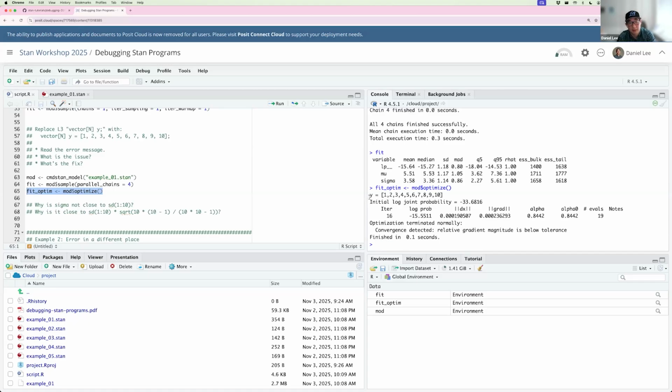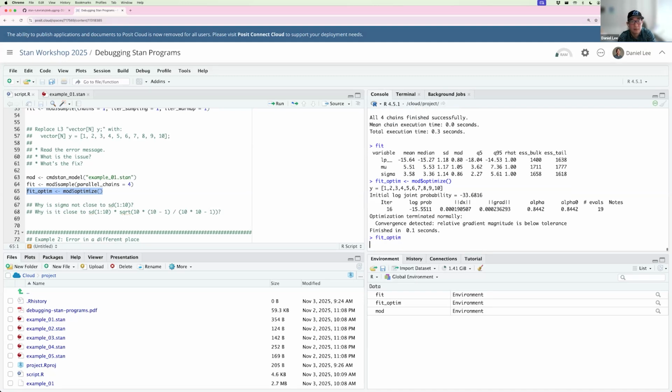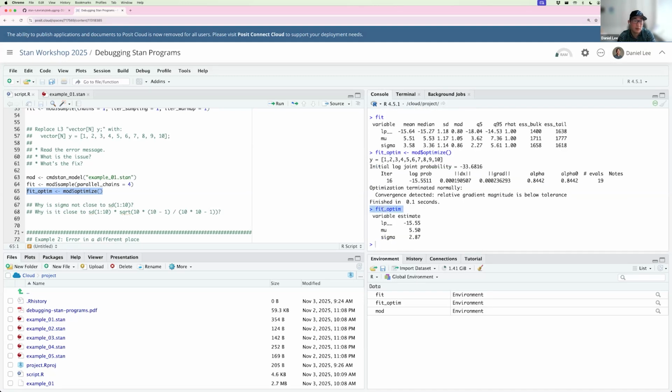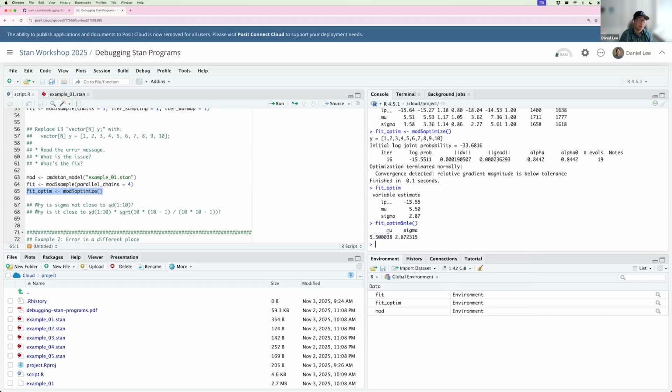You see that the print still happens, so why is that? If we do that, we've optimized this model. And we can get the MLE out of this.